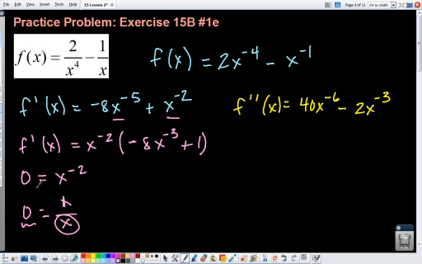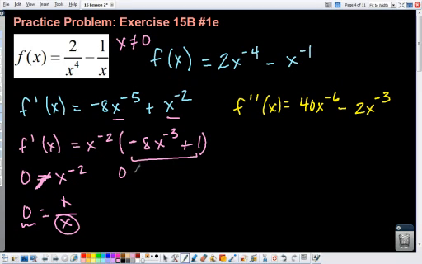Hopefully you know that that is not possible. So even though we ended up trying to solve for 0, it's not possible. We know that in the domain of this function, x can never equal 0. It can equal other things, but it can never be 0. There's an asymptote there.